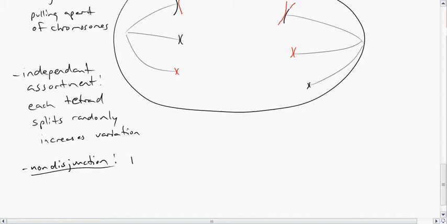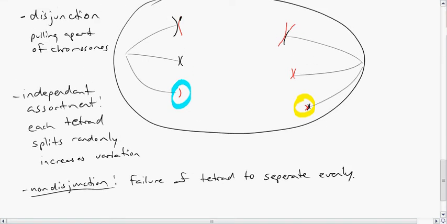Non-disjunction is a failure of the tetrad to separate evenly. So what would happen in this case is, I'm going to do it with chromosome 3, I'm just going to erase that, only one red would go to that side and the other red would go to this side, resulting in this package of chromosomes here having 3 copies of chromosome 3, where on the left side, which I'll do in blue, you only have 1 copy of chromosome 3.